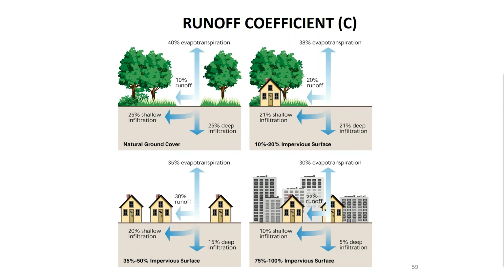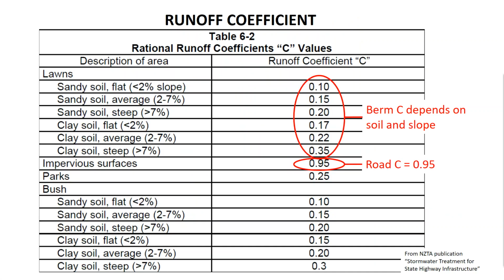So looking at some of the C values, you can see a sandy slope which is flat, it's got 0.1. So only 10% of the rain that falls on a flat sandy soil area with vegetation is actually going to run over land. The rest is going to either go back into the air via evapotranspiration, or it's going to soak into the ground.